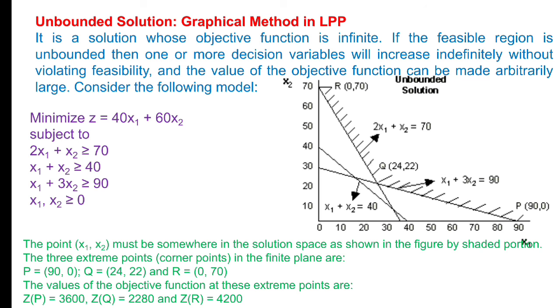But the lower part gives corner points, the upper part is not able to. That kind of problem is called an unbounded solution. Unbounded solution means we cannot make a boundary for the given problem.